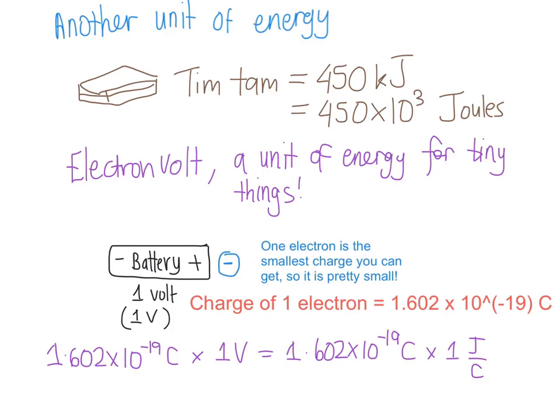They're going to cancel out. And so then we're left with 1.602 times 10 to the negative 19 multiplied by 1 joule. Energy. We've found our unit of energy, joules. So we've just defined what an electron volt is in terms of joules. And we represent electron volts with the symbol little e, big V.